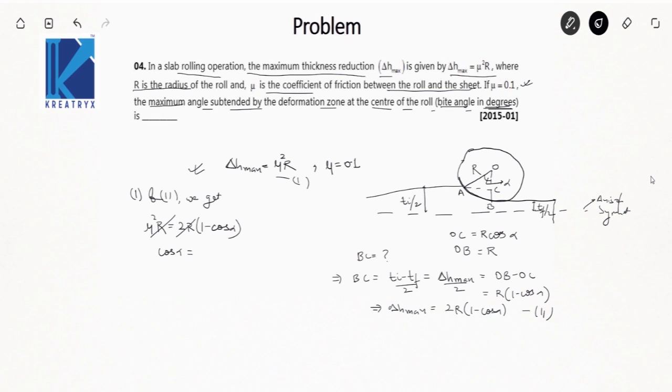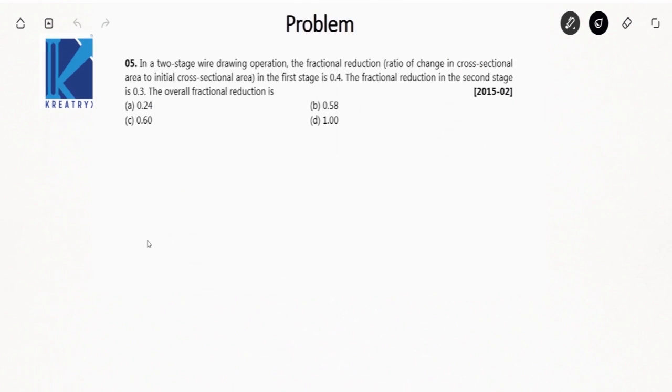Cos alpha becomes 1 minus mu square by 2, and putting in the value of mu, we get cos alpha equal to 0.995, where alpha will be 5.73 degrees, and they have asked in degrees only, so that is the answer. Now moving to the next question.